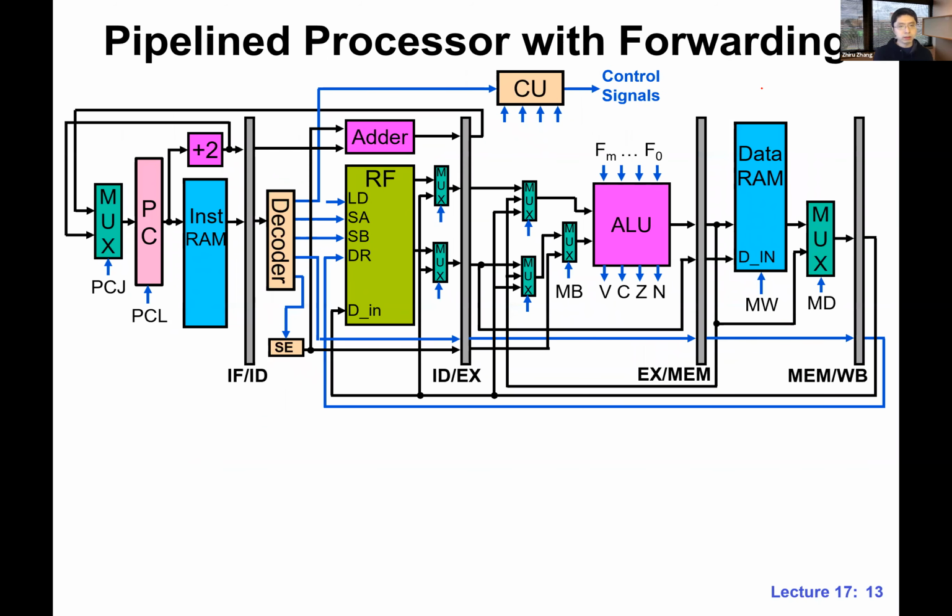I'm going to quickly show you the diagram with forwarding. You see that now we have some additional muxes in front of the ID/EX pipeline register. This is the mux that we just talked about. This is where we make a choice between taking the value from the forwarding path or taking the value from the RF. And this is the forwarding path.